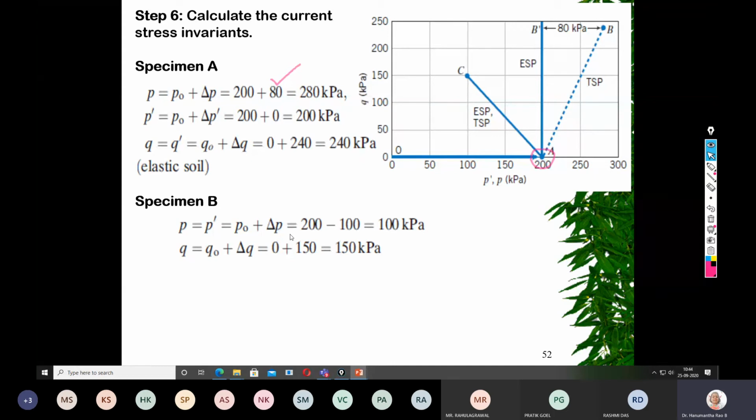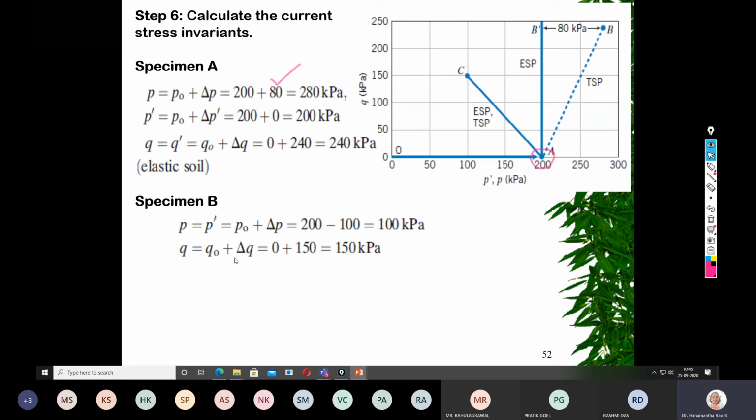So this is for specimen B, initial condition P and P dash. Here there is drainage condition, no pore water pressure develops, so total becomes effective. Total or effective doesn't matter, both are the same. So P and P dash is equal to P naught plus delta P. So 200 minus 100, 100 kilopascals.